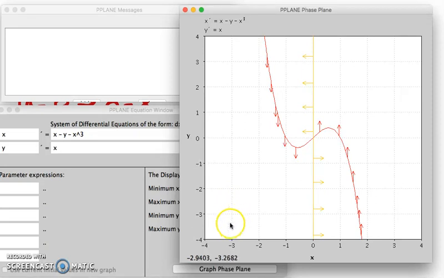Now I'm going to click on several locations just to see what the solutions might look like.